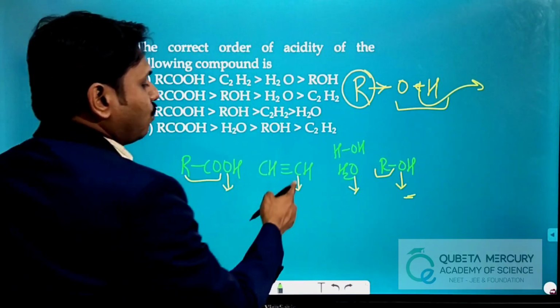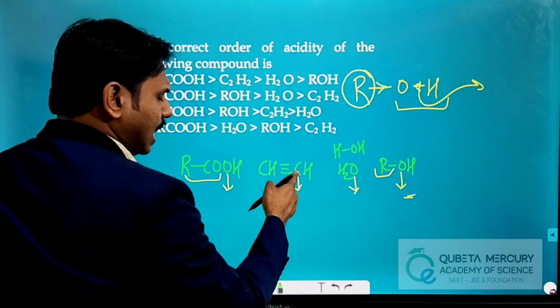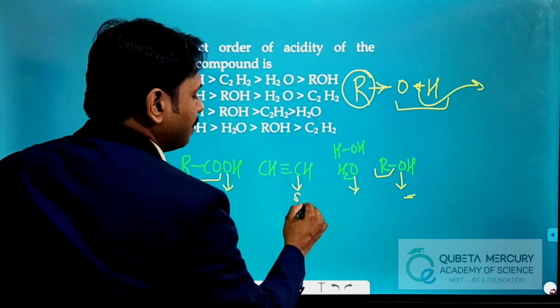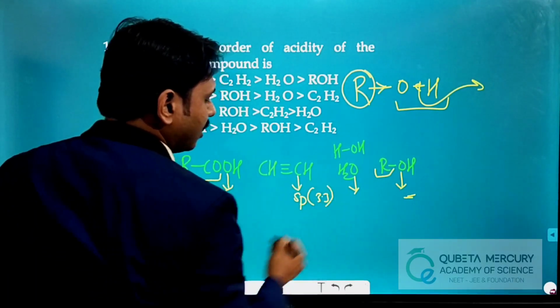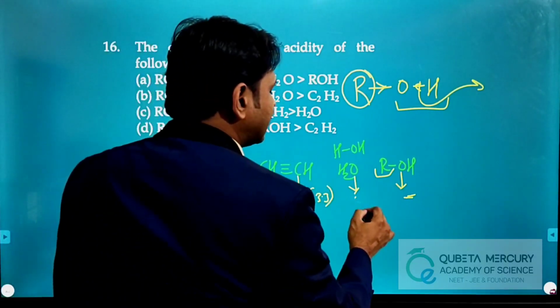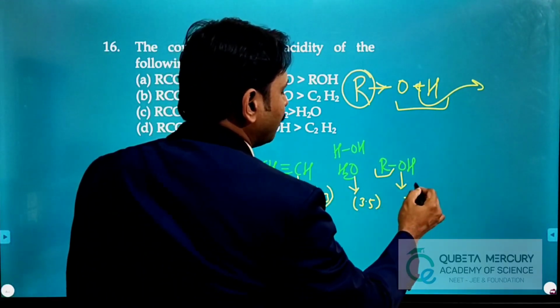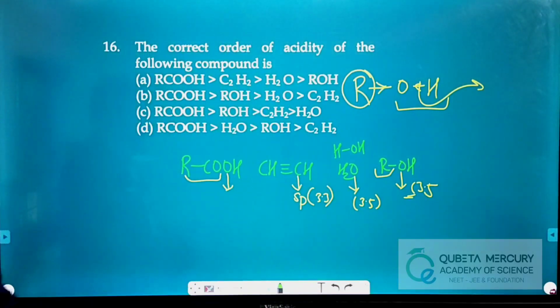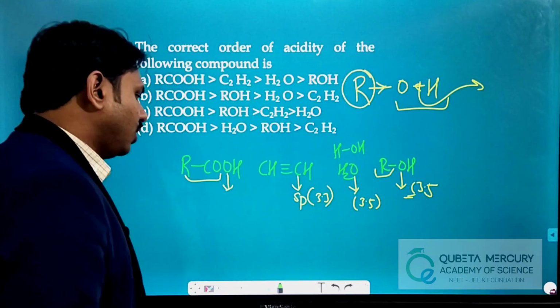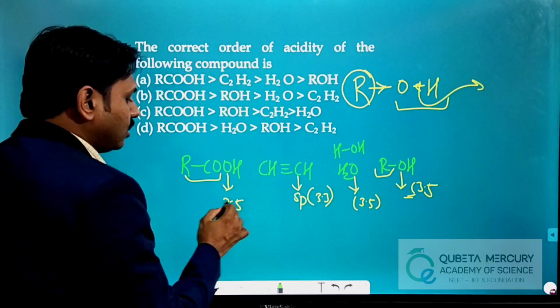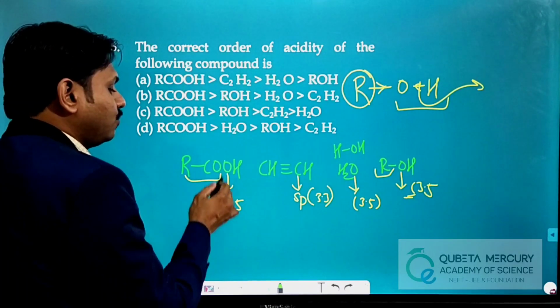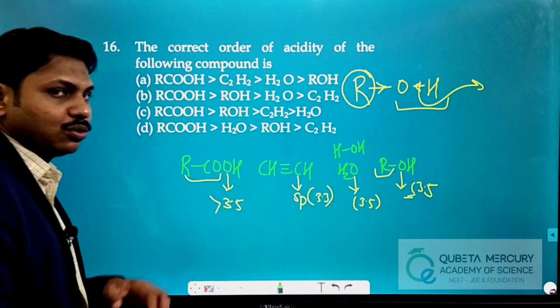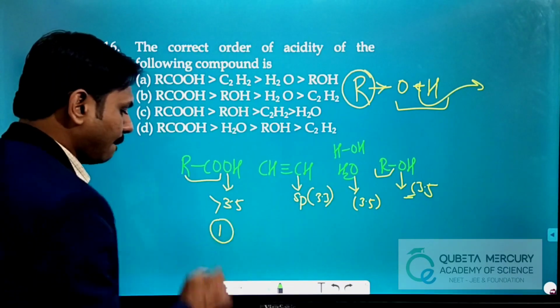And when we look here, carbon is sp hybridized, having 3.3 electronegativity. That is less than the 3.5 electronegativity of oxygen. Therefore, its acidity will be less than all these three. When we compare these three, the oxygen with greater than 3.5 electronegativity due to the withdrawing group has the greater acidity.